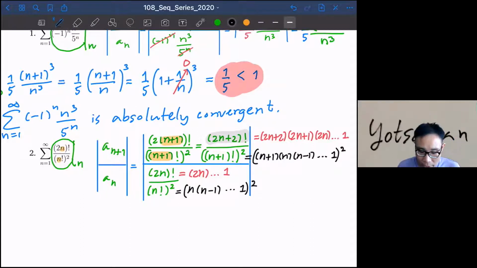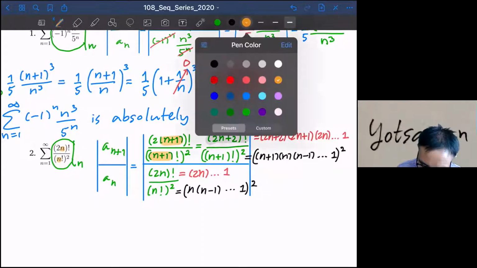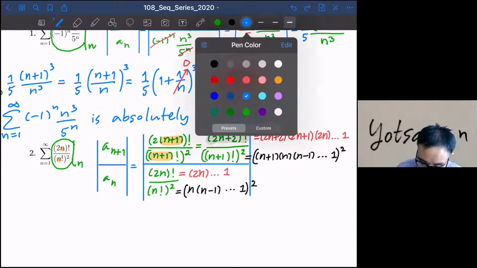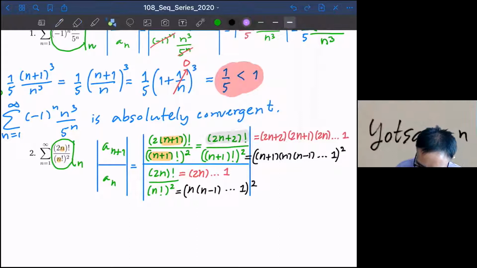And you see that you can get rid of 2n times until 1, okay? So you can get rid of this, together with 2n up until 1. So that's going to be the thing that you are able to get rid of. And you see that you have the common term here with the square. So you're going to be able to cross this term and this term out.